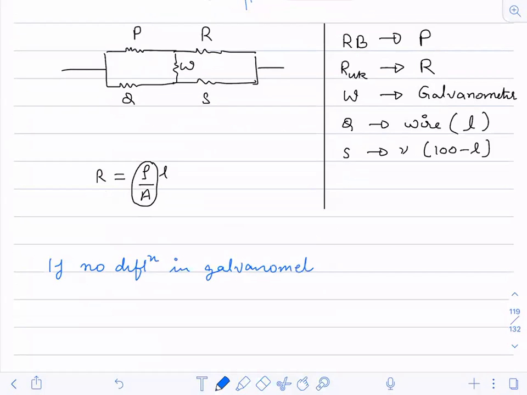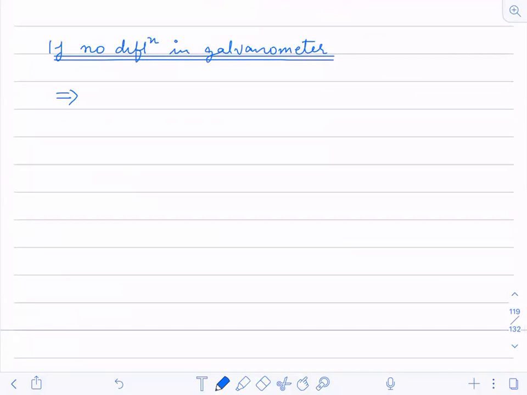Is current passing or not? What can you say about the current? No, the current is not passing through the galvanometer. So what I can say, no current through the galvanometer.